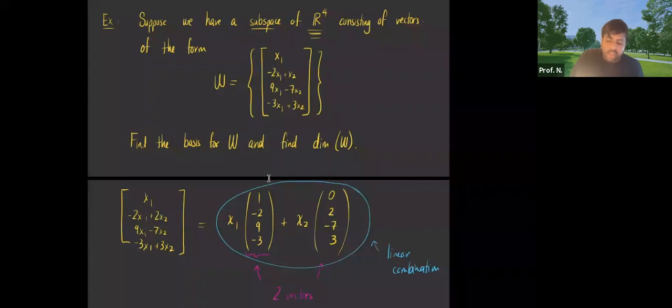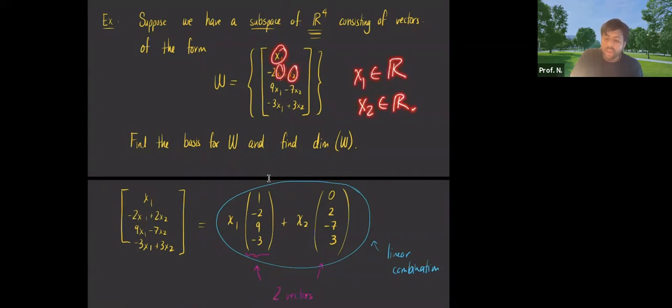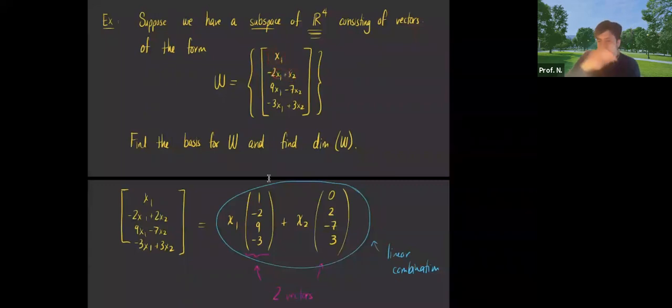So these things change. Choose an x1 from the group of scalars, and choose an x2 from the group of scalars. You plug them in here and take all those possible combinations of x1 and x2, and there's an infinite number.